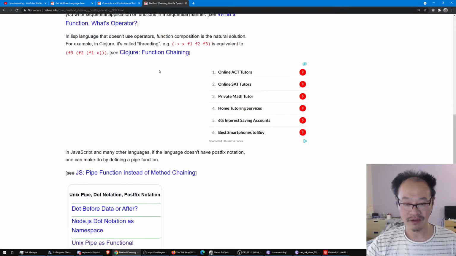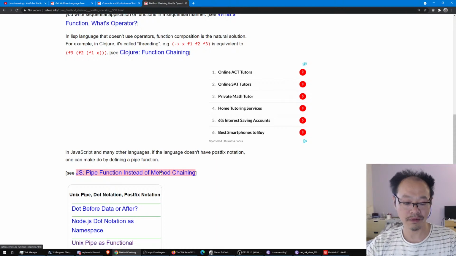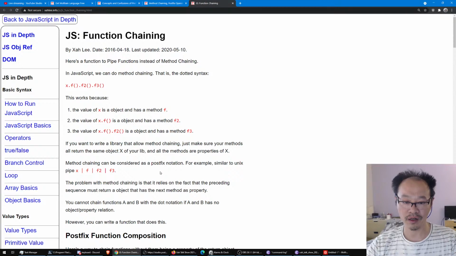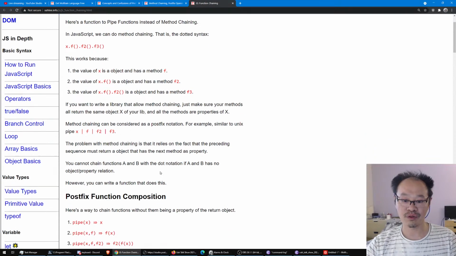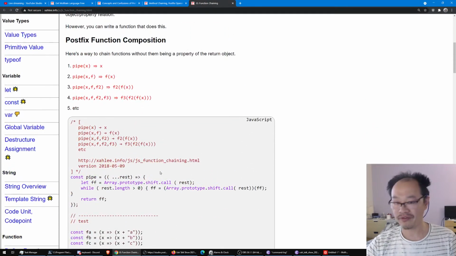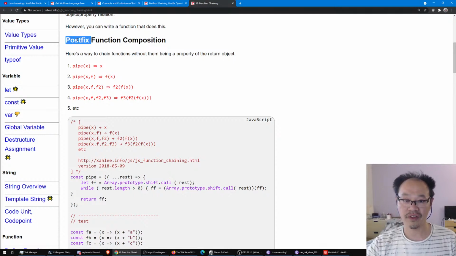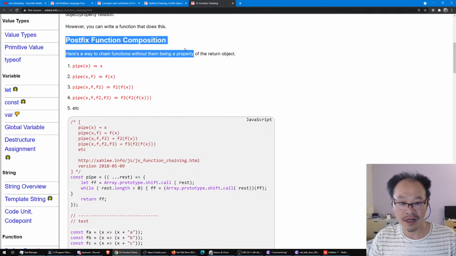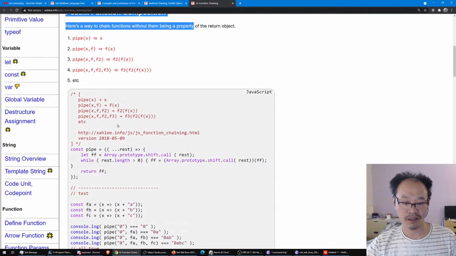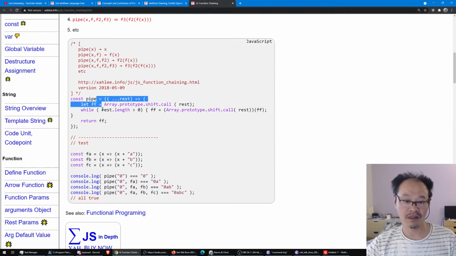In fact, I wrote some JavaScript code that actually allows you to have postfix notation, postfix function composition, like the Unix pipe. Here's the JavaScript code. It's just 2 lines of code.